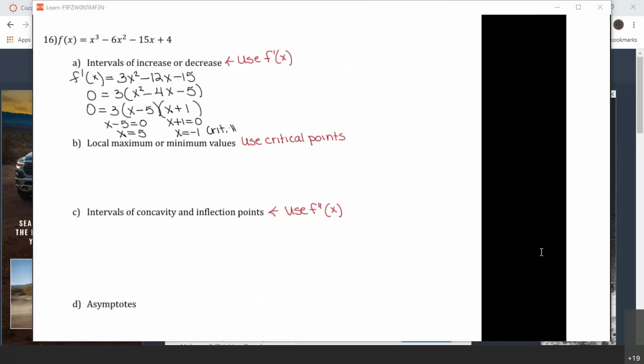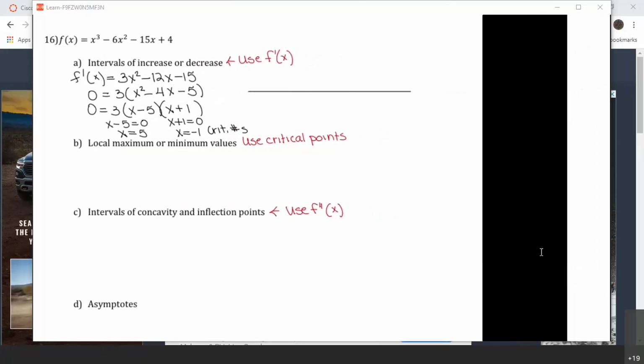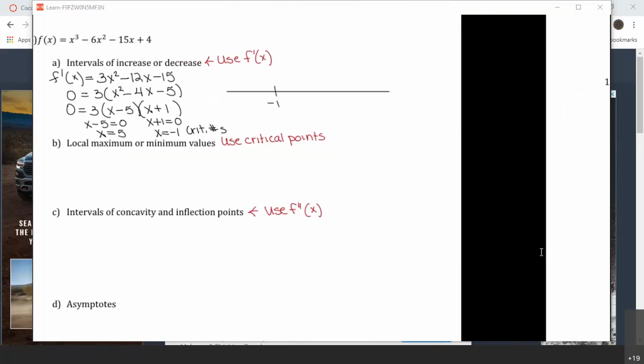And the way I tell increasing and decreasing is I draw an x number line and I put my critical numbers in there. My critical numbers are 5 and -1. So here's -1, here's 5. And that kind of divides the number line into intervals.